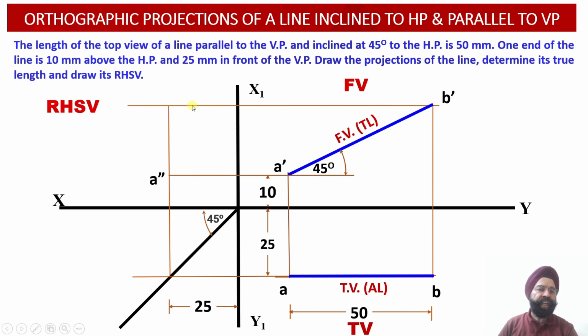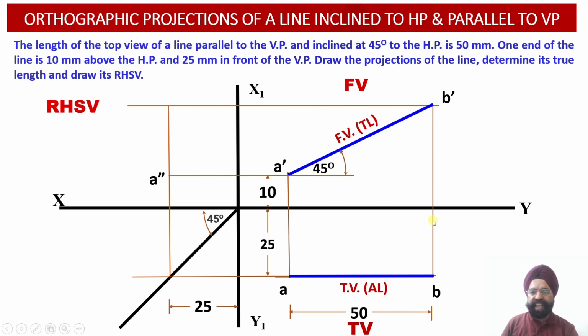That is, one coordinate has been located: onto this locus line, point B double dash is going to be located. Now, in order to locate the distance of the point B from the vertical plane in the profile view, we have to translate this distance.